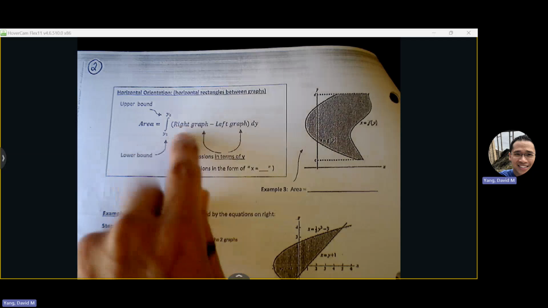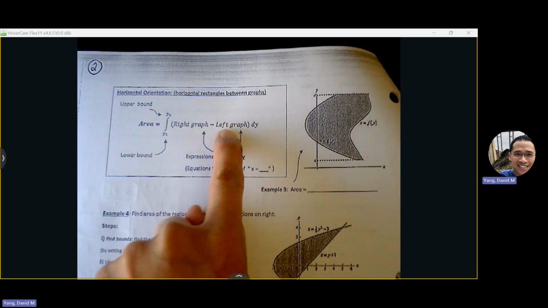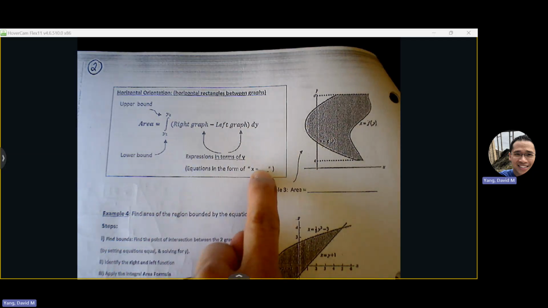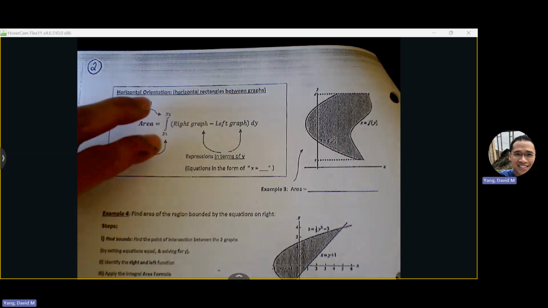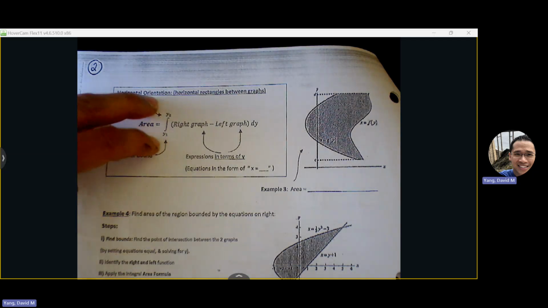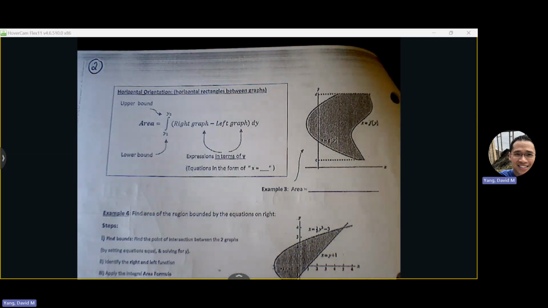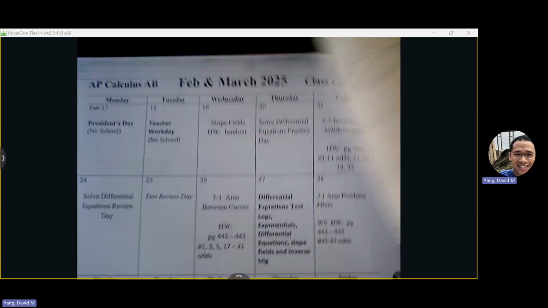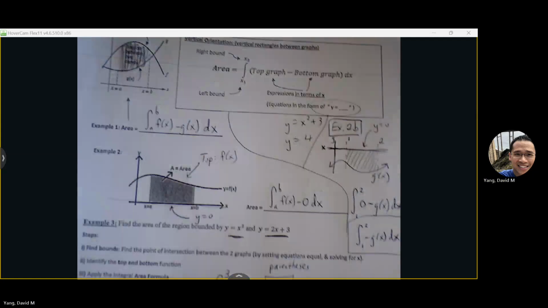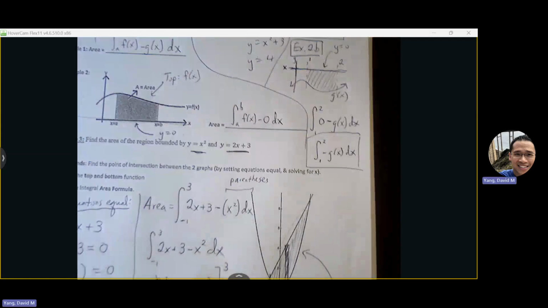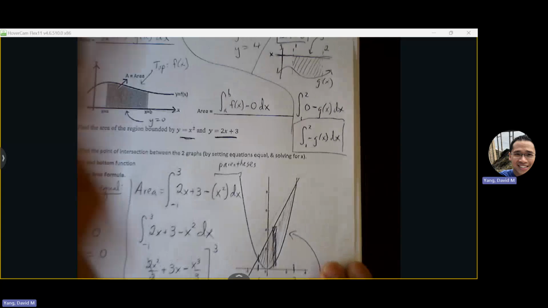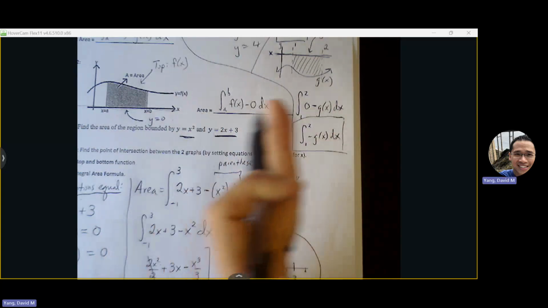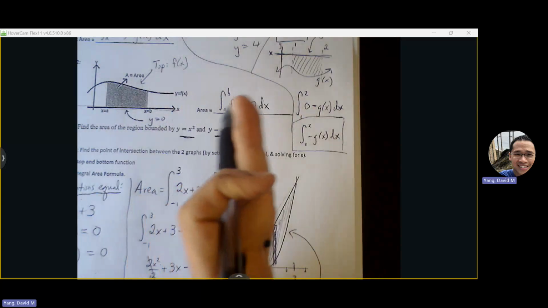We can still find the area, right graph minus left graph, but everything will be in terms of y. And our bounds are going to be from y1 to y2. So remember how if we have a top minus bottom, we're stacking vertical rectangles from the left boundary to the right boundary. So we're kind of stacking them this way, right?